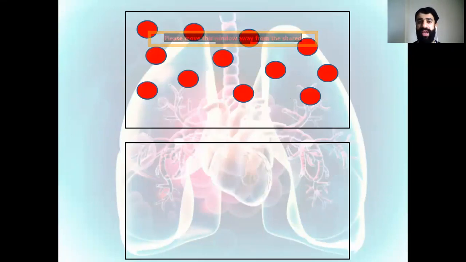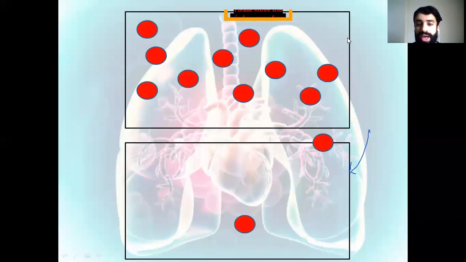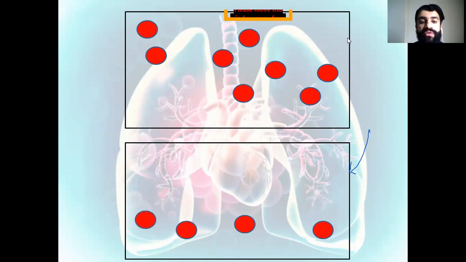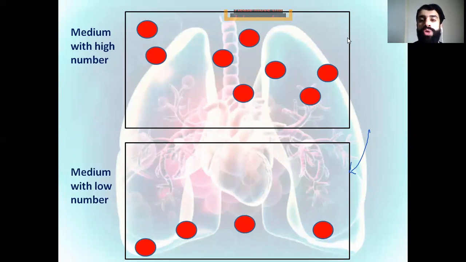Let's see this figure. In this figure, we have a high amount of a substance in this medium, and the other medium contains a low amount. So what is going to happen is that these substances will diffuse, they will move from the medium containing a high number to the medium containing a low number.